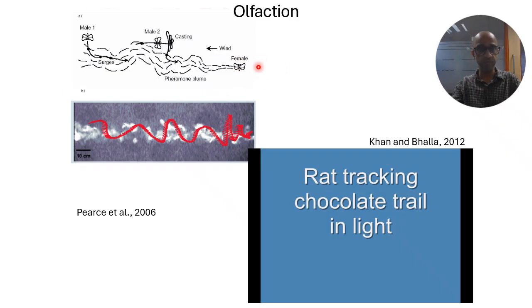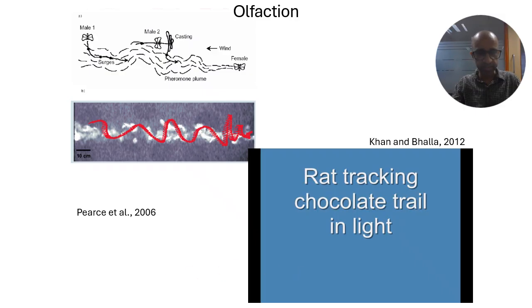It's secreting pheromones, and those pheromones are creating pheromone plumes, and the male moth does a typical motion called casting. It moves from side to side in order to figure out where is the highest density of the odor and navigates towards the source of the odor. It can localize very accurately.